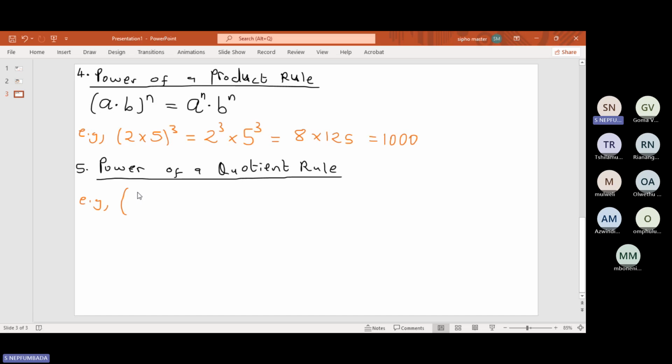Let's say we have A divided by B to the exponent of n. This is nothing but going to be equal to, this one is going to be equal to what?